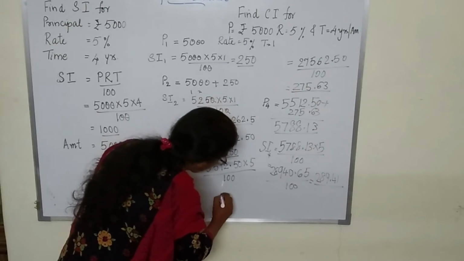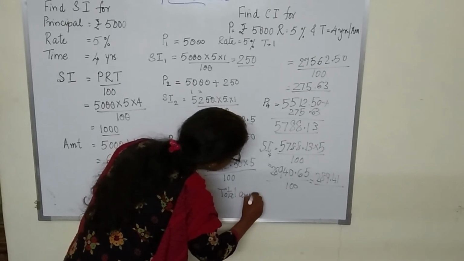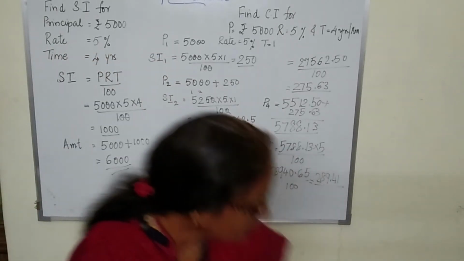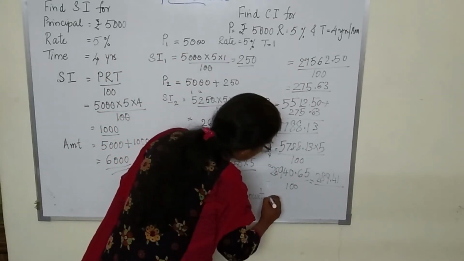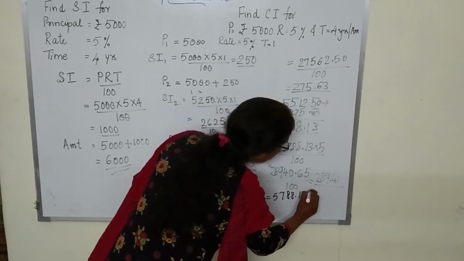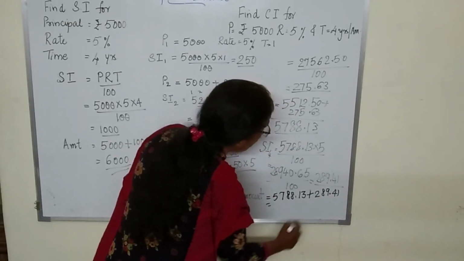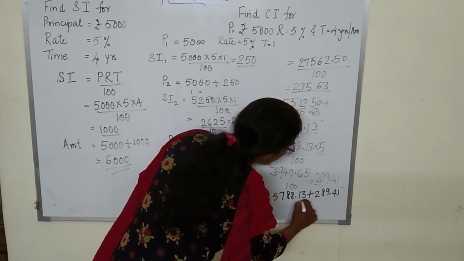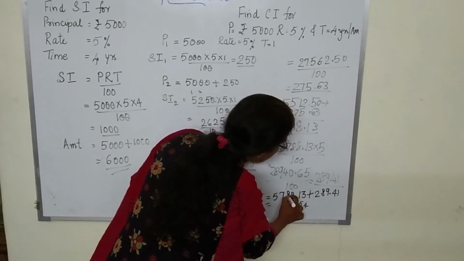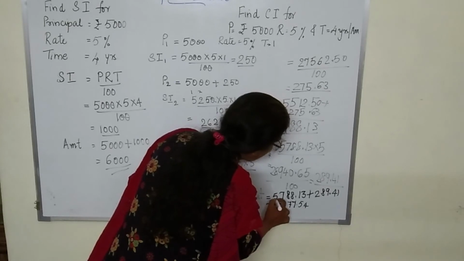Total amount to be paid will be equal to this amount, 5,788.13 plus 289.41, which will be equal to 3 plus 1, 4, 4 plus 1, 5, 8 plus 9, 17, 8 plus 8, 16 plus 1, 17, 7 plus 1, 8, 8 plus 2, 10, 5 plus 1, 6.